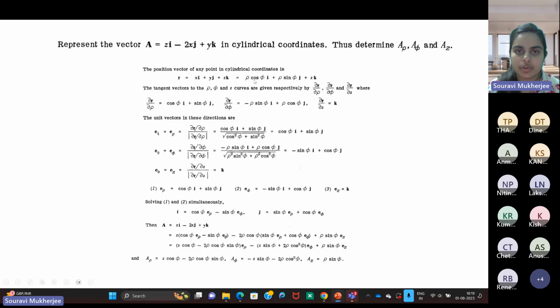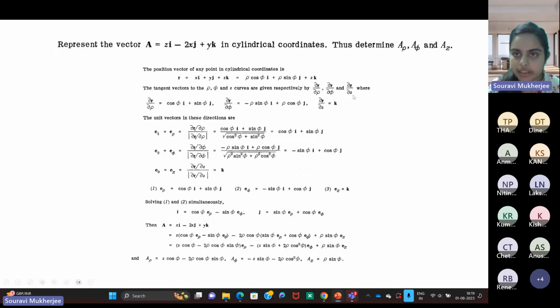So you can write it as rho cos phi i cap plus rho sin phi j cap plus z k cap. Now you find how r changes as a function of rho, as a function of phi, and as a function of z.